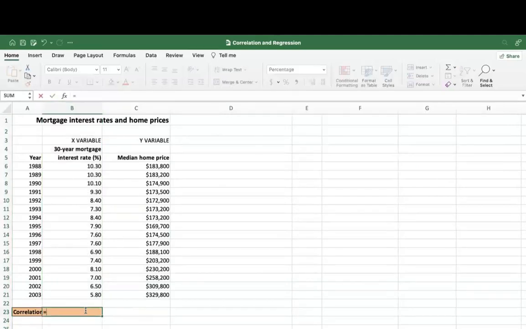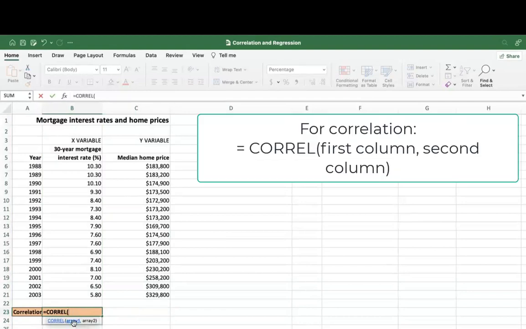And for this purpose, it's very straightforward. You just write CORREL, which is an abbreviation of correlation. And then Microsoft Excel will automatically suggest array one. So if I select this one, and then comma, the other one, and then close parentheses and hit enter, it says negative 62%.